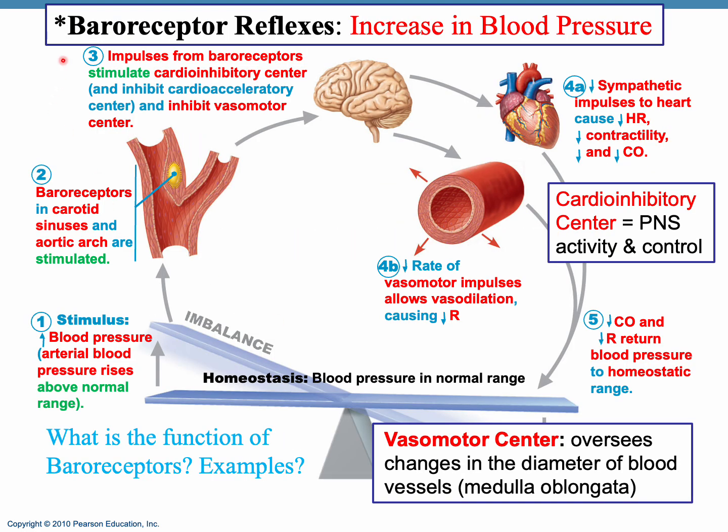So in our first scenario here, we look at an increase in blood pressure short term. We think of examples in your daily life that might increase your blood pressure short term. A great example that we'll go with is working out.